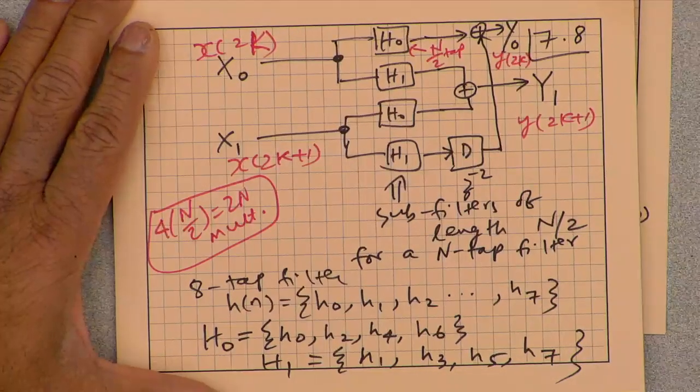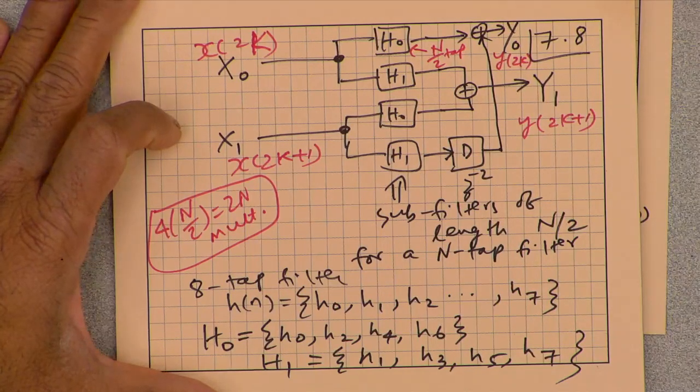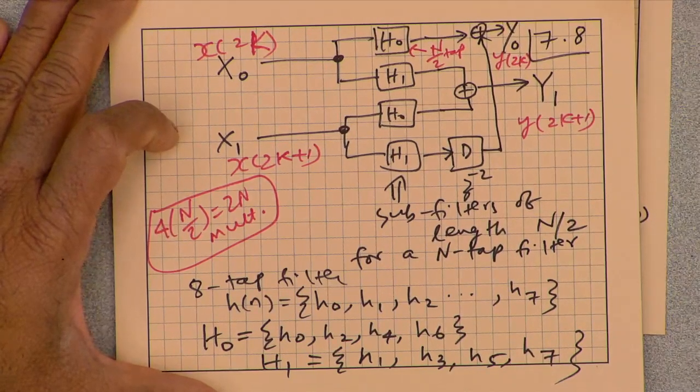Just describing the filter by a polyphase decomposition does not accomplish a fast filter. Okay, and that's the next step. This is a pre-processing step if you want to think of it like that.